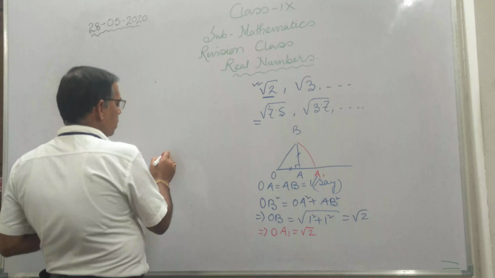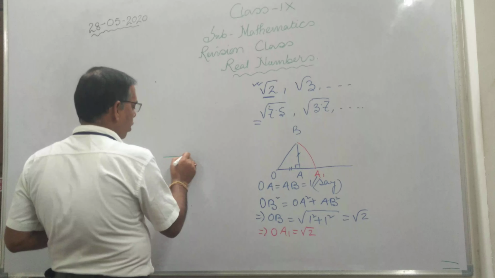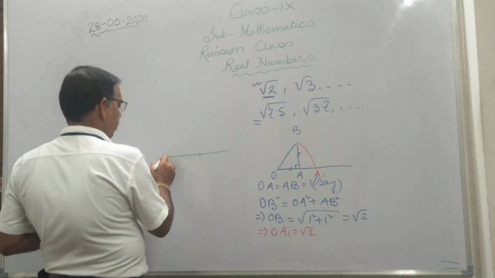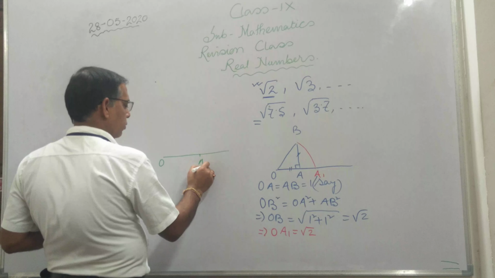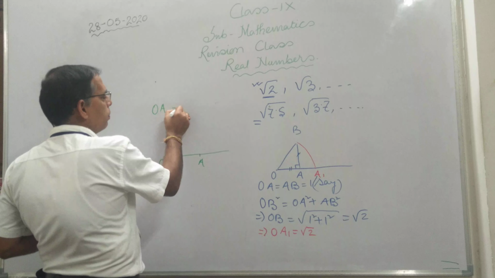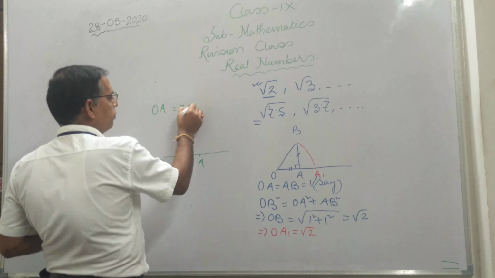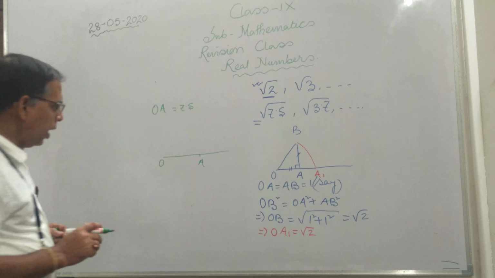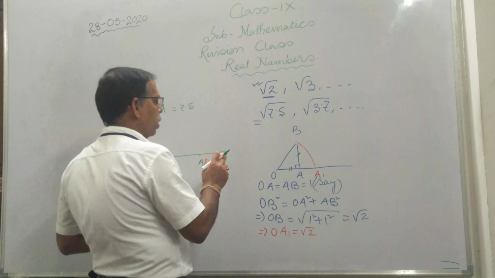Here it is a little bit different first of all, but afterwards, suppose this is OA. And here OA equal to, suppose, 7.5. Then you have to take one more unit.